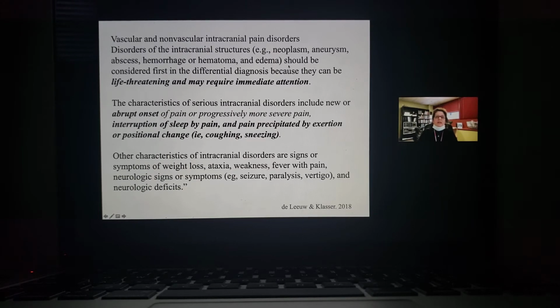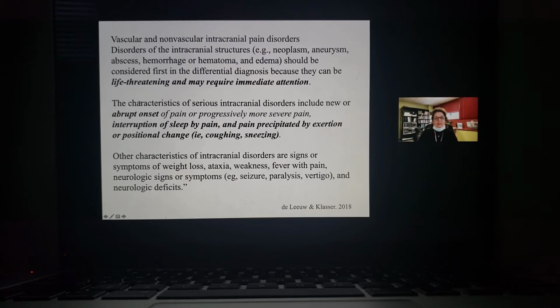The point here is that they are going to cause worse headaches, very, very severe headaches with some sensory or motor deficits. They should be considered right away, and as I mentioned before, you don't do a TMD exam and do range of motion. You have to contact their physician, or sometimes even send the patients right away to the ER.